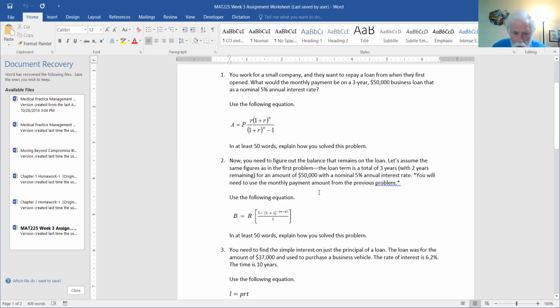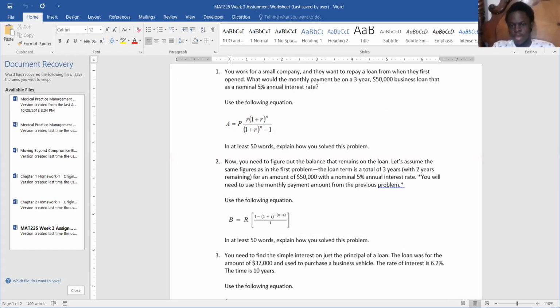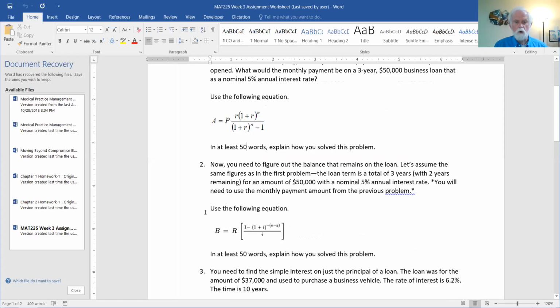B is the answer you're looking for, the remaining balance. The answer to number 1 you calculate goes here. This is your assignment. So this is what you're going to calculate.